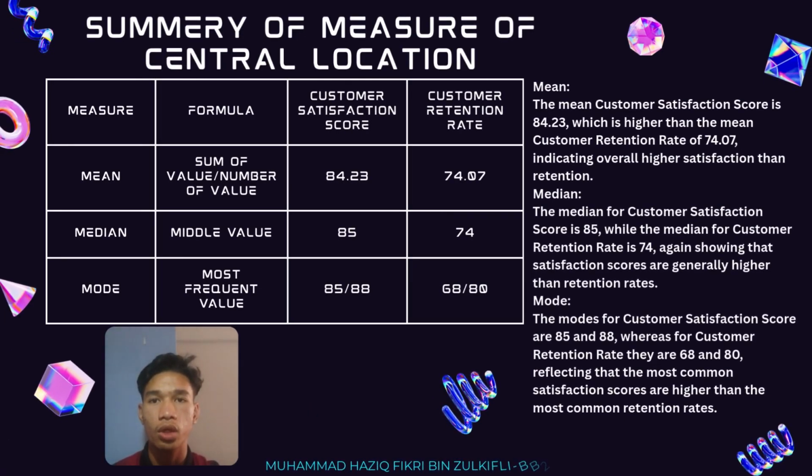Now that we have reviewed how to calculate the three main measures of central location, let's take a look at the summary and interpretation of our results. First, we look at the mean. The mean customer satisfaction score is 84.23, while the mean customer retention rate is 74.07.